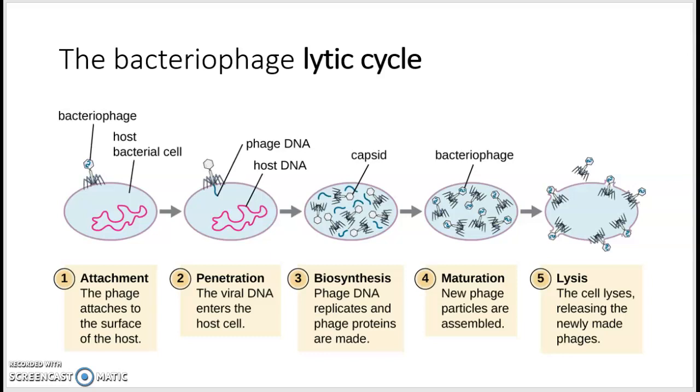Those fully assembled bacteriophage particles are then able to go out of the cell and infect new hosts. This step is what we call lysis for bacteriophages, because those phages lyse or destroy the host cell membrane and wall, killing the host cell in the process.